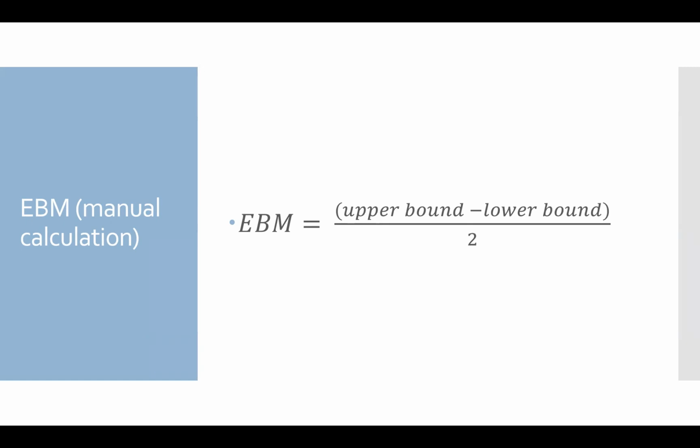Subtract them first, and then divide by 2. I hope you realize and remember from mathematics that those parentheses there imply to do this particular calculation first. Okay, so you would subtract first and then divide by 2.